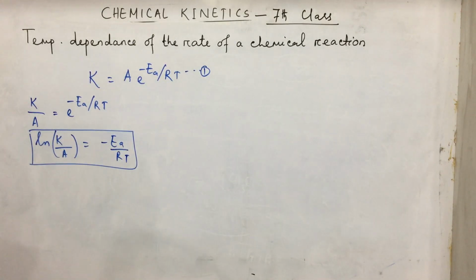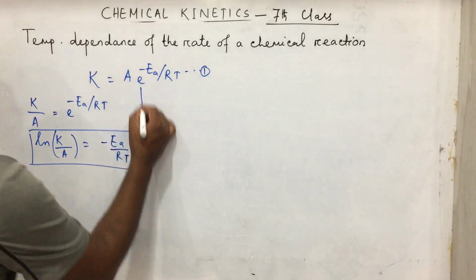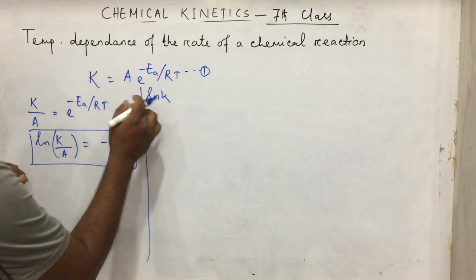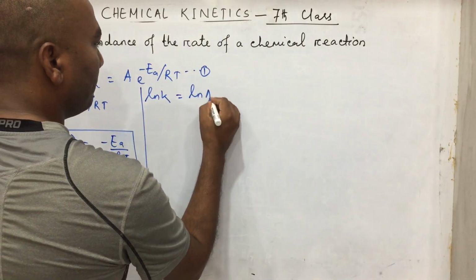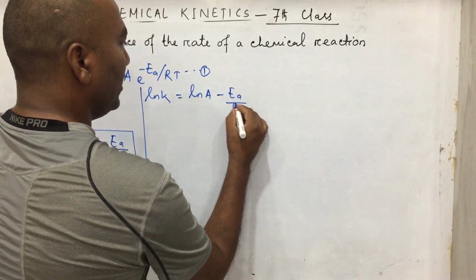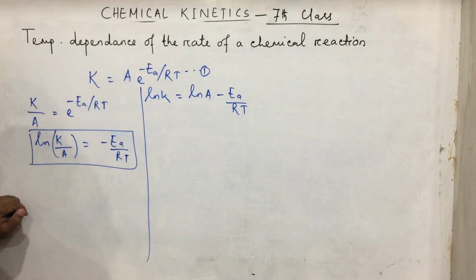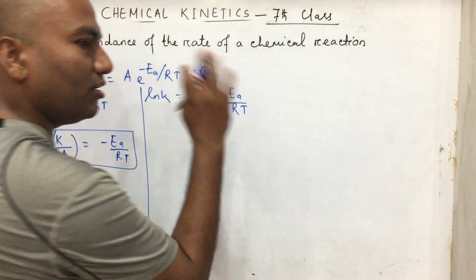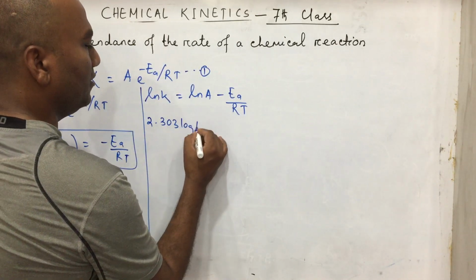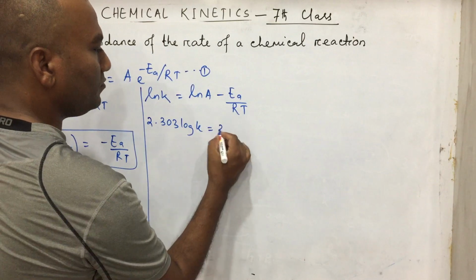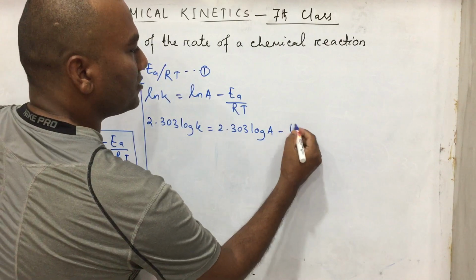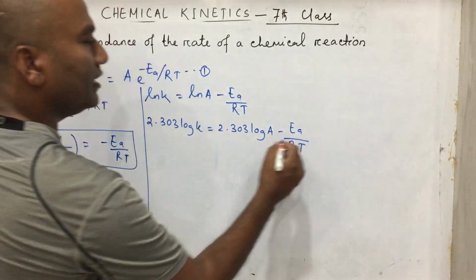Then another form: multiplying ln, we get ln k equals ln A minus Ea divided by RT. This is another equation. Then convert ln into log. We can write 2.303 log k equals 2.303 log A minus Ea divided by RT.